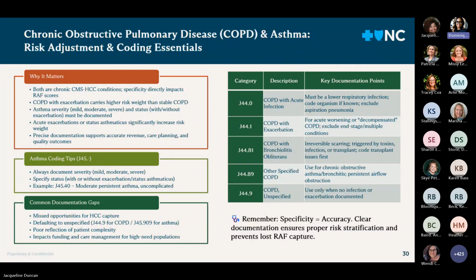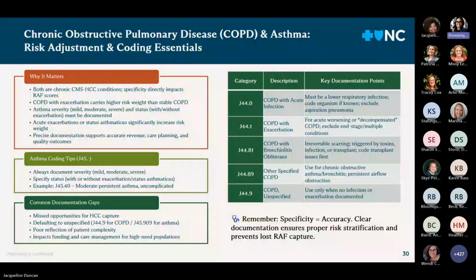For COPD, documenting acute exacerbation or lower respiratory infection significantly increases risk weight compared to stable disease, and providers must clearly note sudden worsening, infections, or decompensation to support codes such as J44.0, J44.1, or J44.81. Otherwise, documentation defaults to nonspecific codes like J44.9, which underrepresents the patient's health profile.